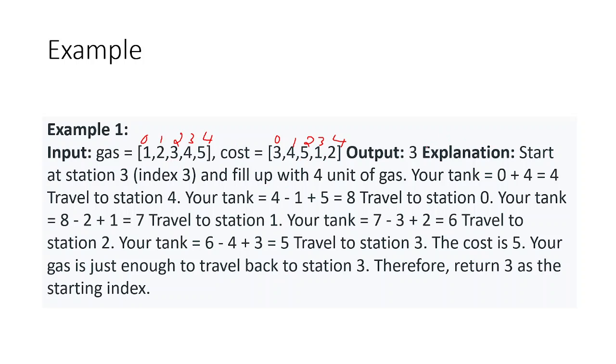So in this example we get an output of 3. They have already mentioned that if a solution exists, it is unique. That means there is only one way: if you start from the third station only, you get the solution. So we don't have to worry a lot, because that makes the question simpler.